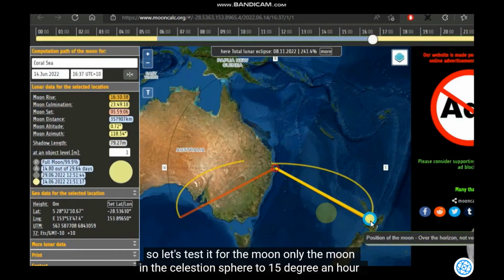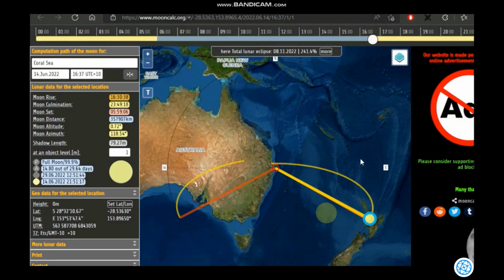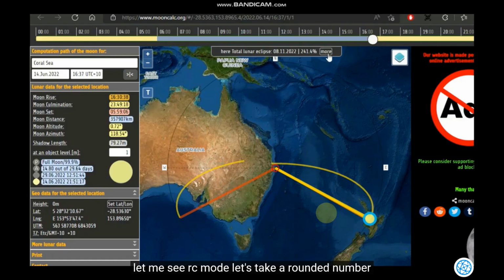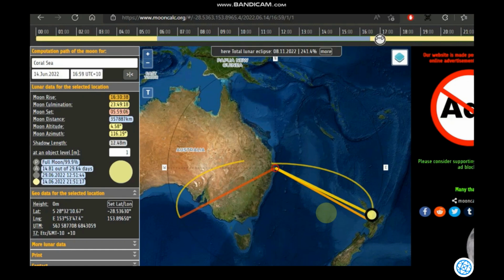So let's test it for the moon. Only the moon in the celestial sphere does 15 degrees an hour. Let me see. Azimuth. Let's take a rounded number. At 1700, the moon had an azimuth of 116.